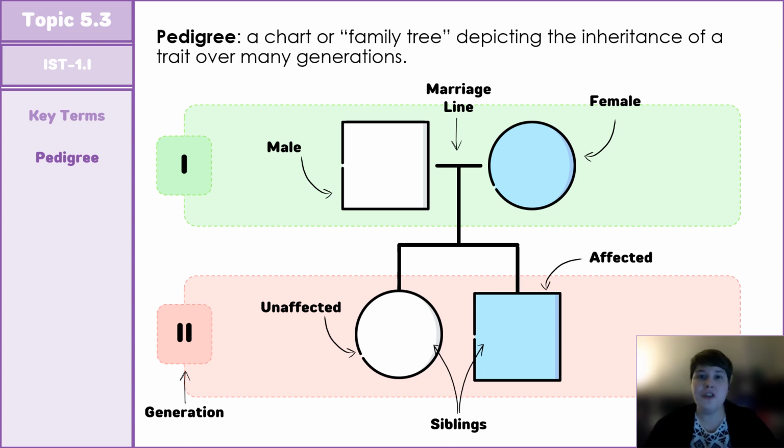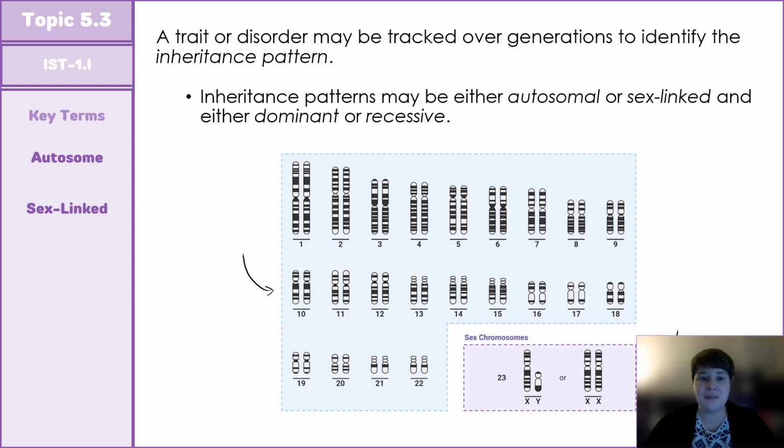So before we jump into the analysis of specific pedigrees, let's take a moment to review the differences between our chromosomes. When we have traits that are tracked over many generations, they will appear in specific ways depending on the inheritance pattern.